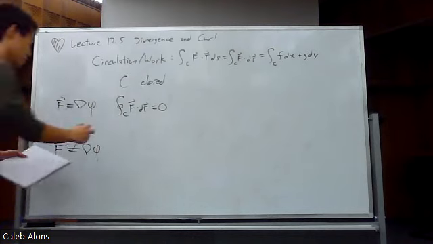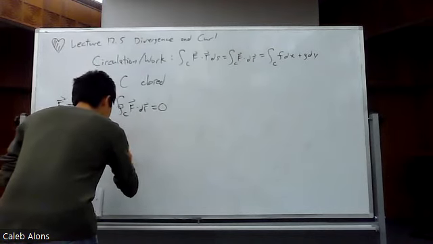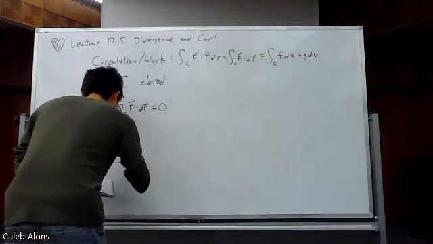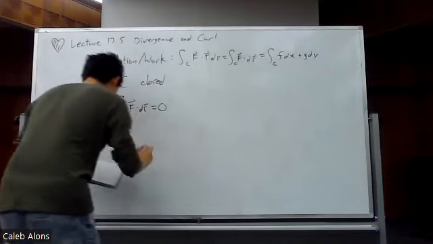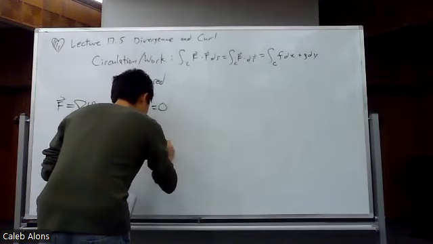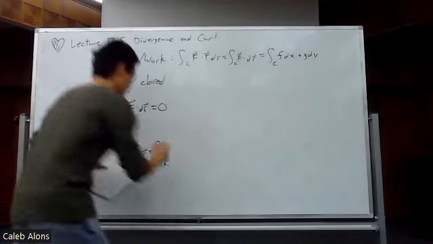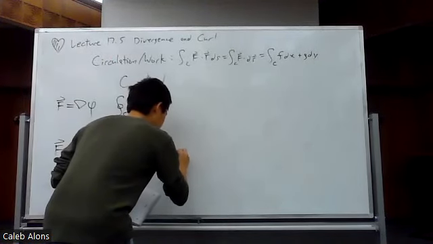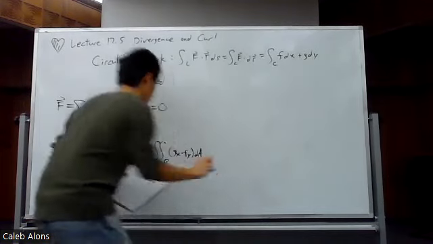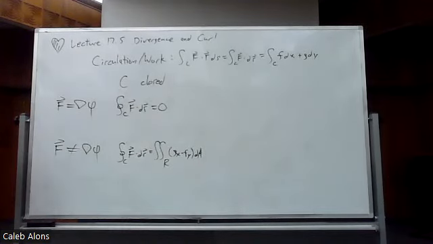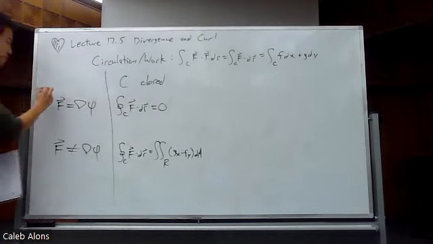It says maybe it's not 0, but I can take the enclosed region R and do the double integral over R of the curl, where curl is gx minus fy, dA. That's Green's theorem.